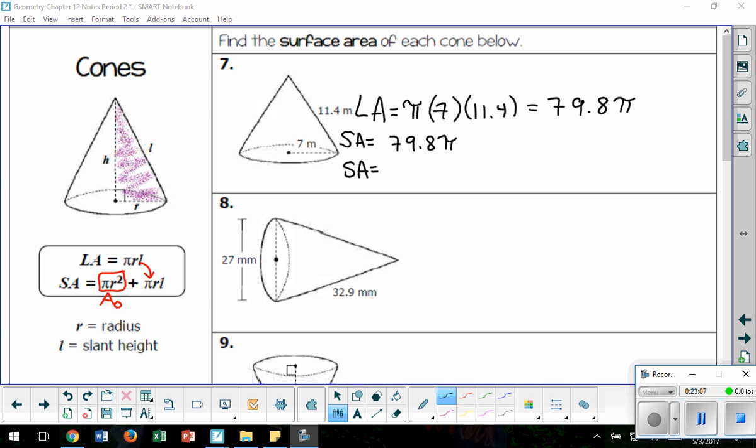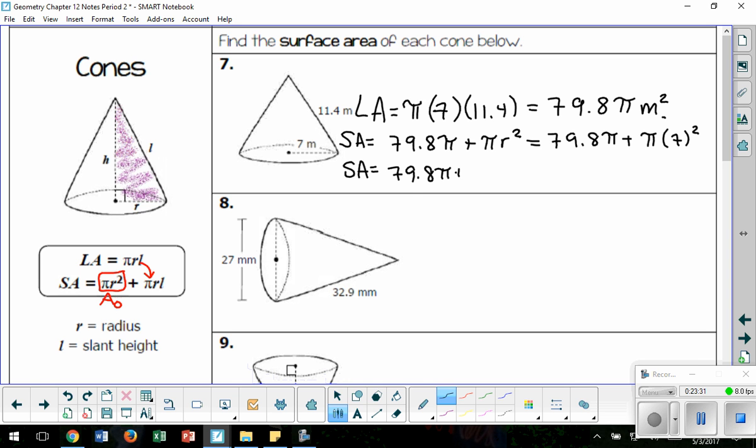Okay, so multiply this out so that you just use pi. So 79.8 pi plus pi r squared. So 79.8 pi plus pi times 7 squared. So 79.8 pi plus 49 pi.